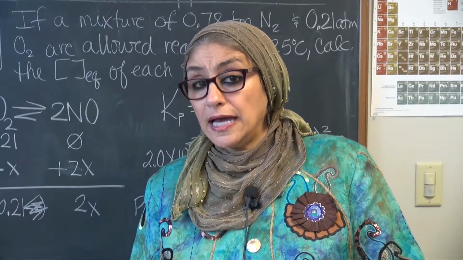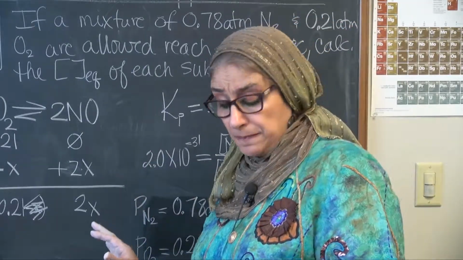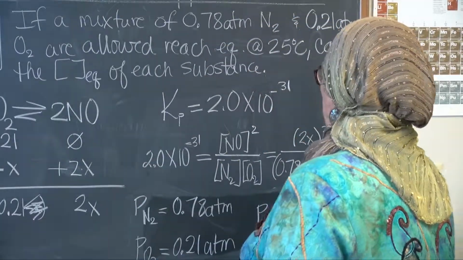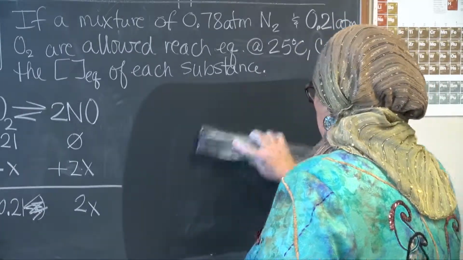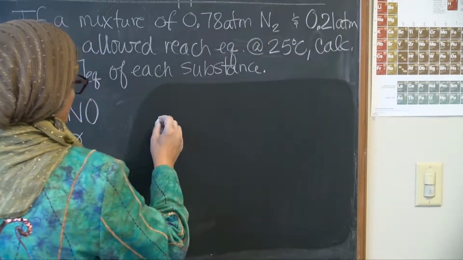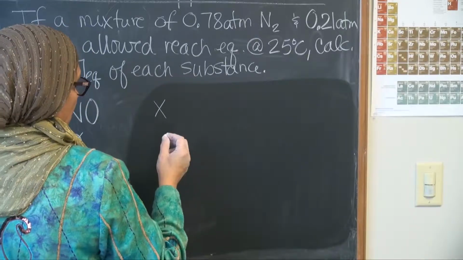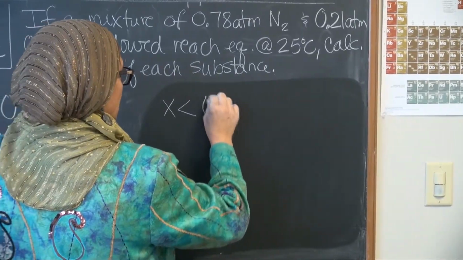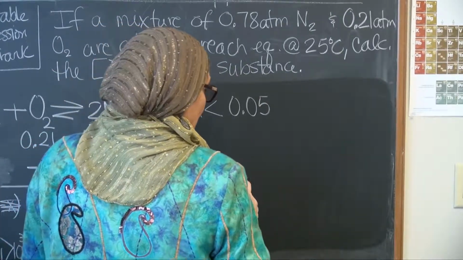By the way, after you finish, this problem was pretty clear. However, when you do approximate, what you really need to do is check your work. The x where you approximated has to be less than 5% of your reaction.